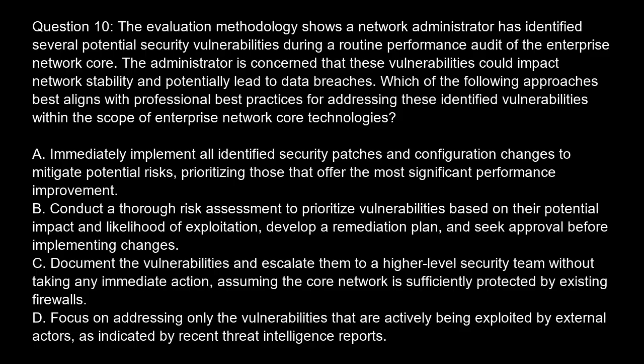Option C. Document the vulnerabilities and escalate them to a higher-level security team without taking any immediate action, assuming the core network is sufficiently protected by existing firewalls. Option D. Focus on addressing only the vulnerabilities that are actively being exploited by external actors, as indicated by recent threat intelligence reports.